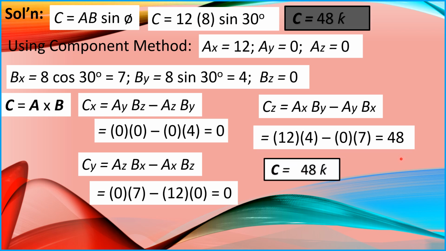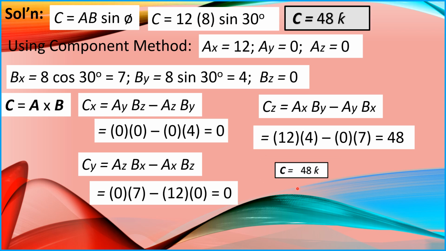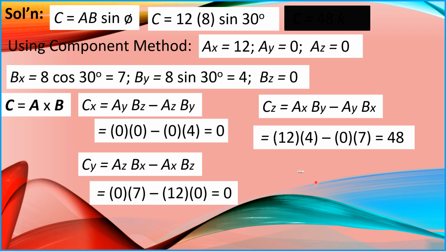And we say that the vector product C, which is the cross product of vectors A and B, is equal to 48 units, directed in terms of the unit vector k, so 48k.